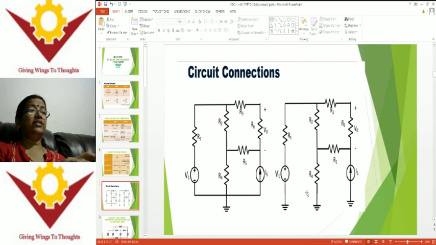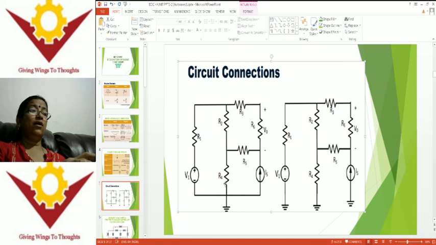Coming to the circuit connections, these are different examples where we observe R1, R2, R3, R4, R5, R6, totally 6 resistors connected. V1 is one voltage source, and here is one current source. Both are independent sources: V1 is an independent voltage source, IS is an independent current source.